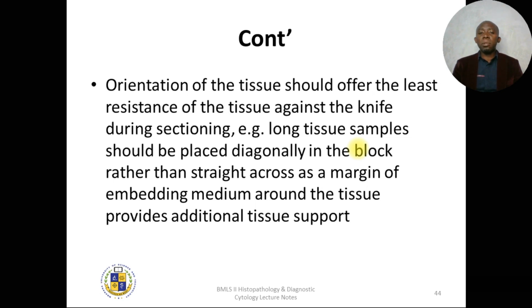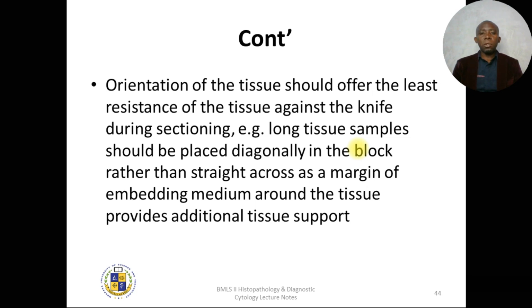So long tissue samples should be placed diagonally in a block rather than cross-sectional, as margins of the embedding medium around the tissue provide additional tissue support. We shall look in detail at orientation.